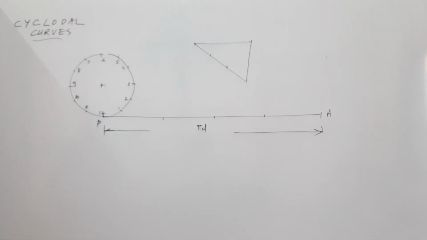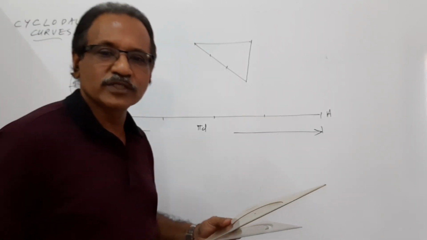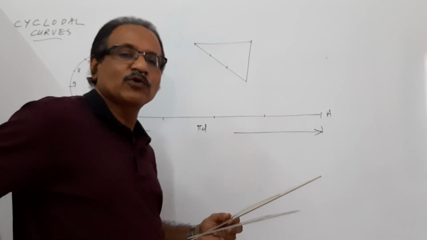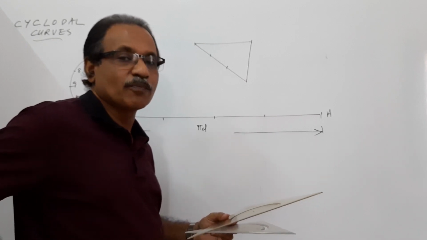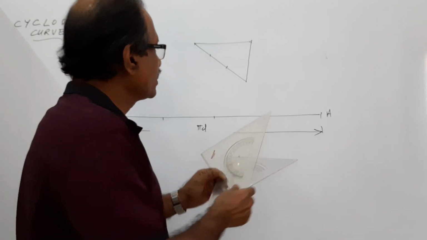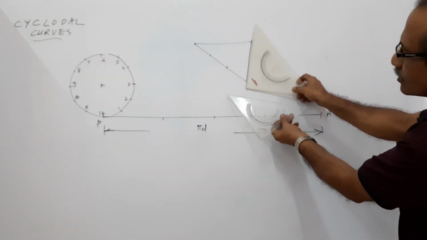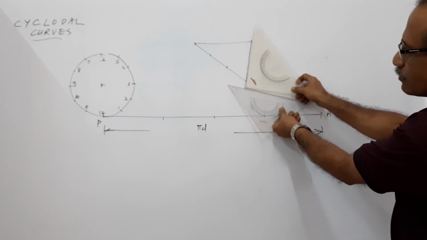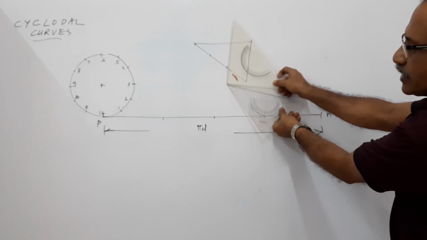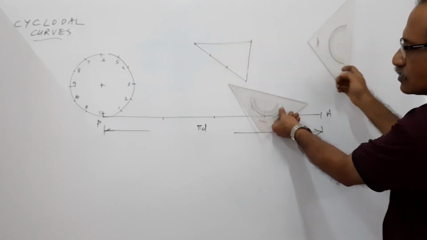Then with the help of 2 set squares or a set square and a scale, draw parallel lines. How are they drawn? Keep the side of the set square here, lock the other side, then move. I repeat.